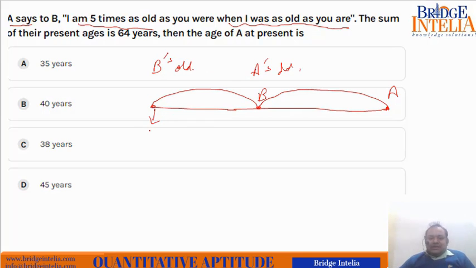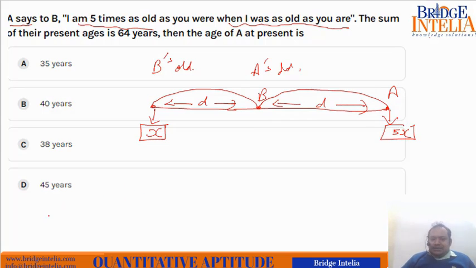So he's saying that if you are X years old, then today I am 5X years old. So this gap is equal to this gap. If you shift back in time, you shift back equal by equal years. So you can say that B's age today will be the average of these two.